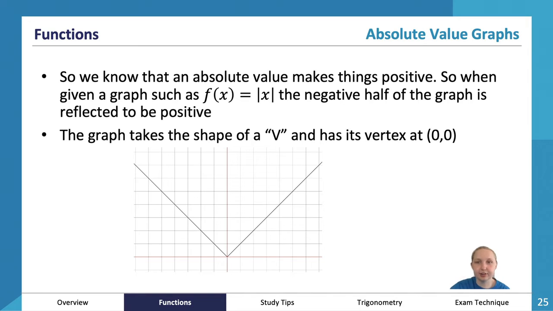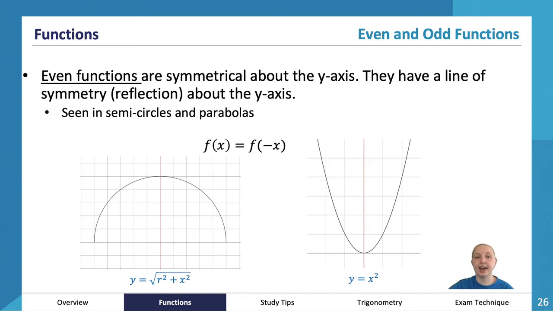Alrighty, and the last little bit of functions we're going to look at for today is looking at even and odd functions. So even functions are functions that are going to be symmetrical about the y-axis. Or in other words, they're going to have a line of symmetry about the y-axis. So this is seen in things like semicircles and parabolas, in that they are exactly symmetrical on either side of your y-axis.